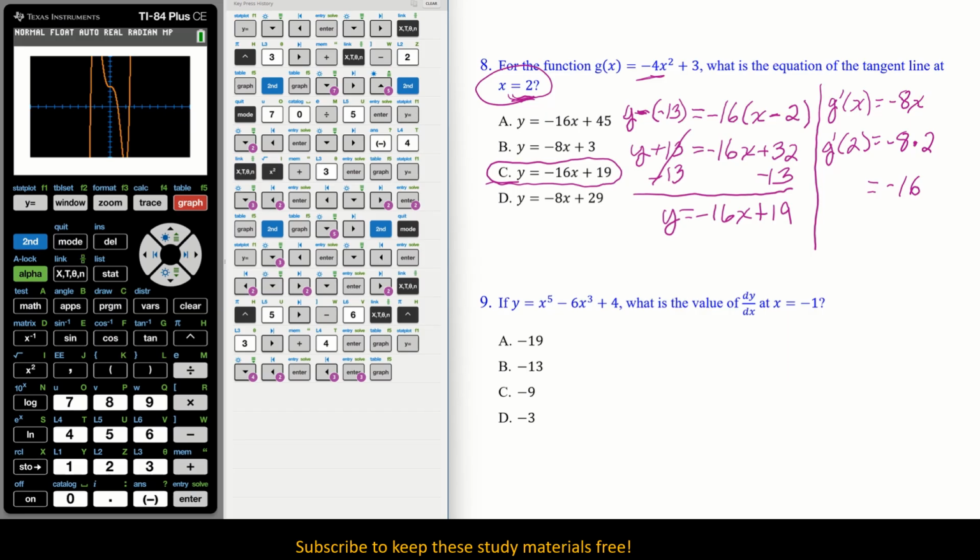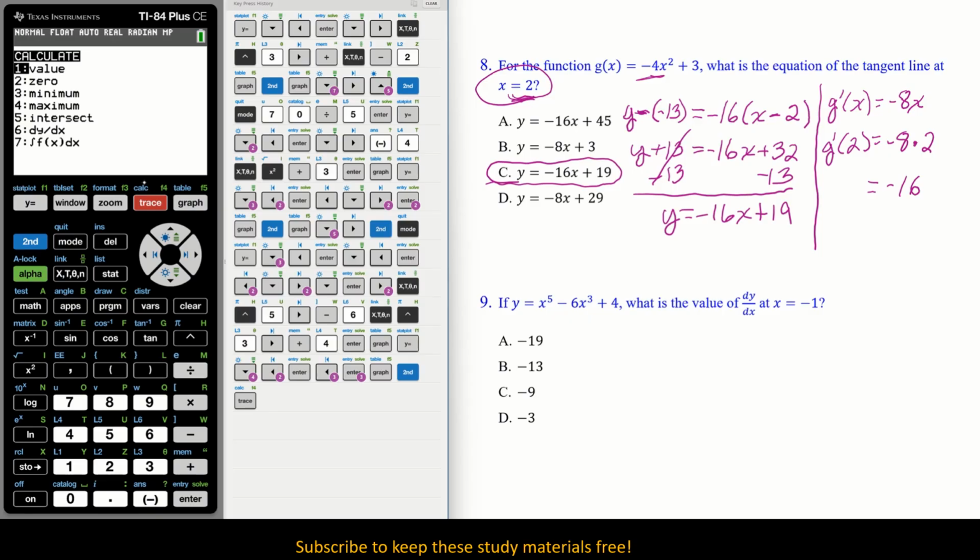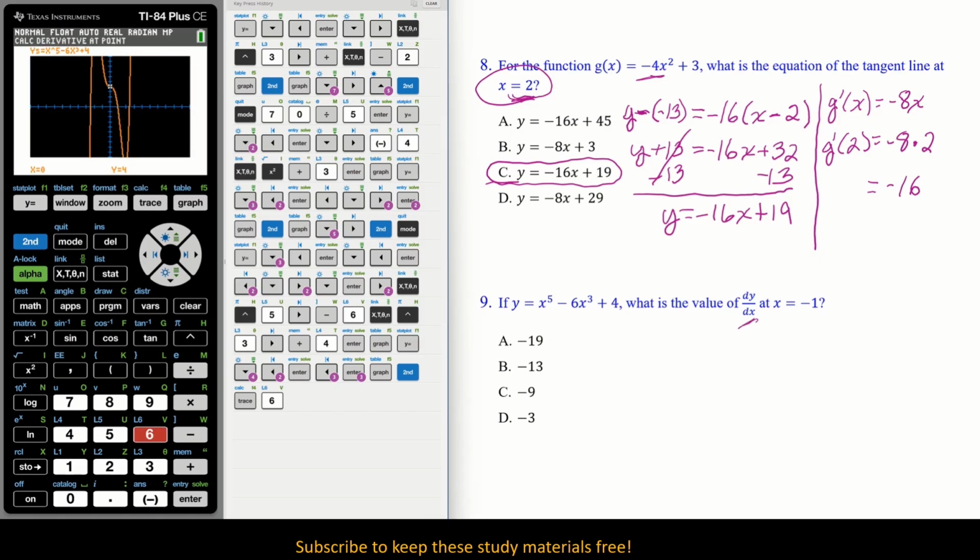Okay, so we have our graph. Now, what do you do? You have to say second trace because we want that blue calc. Now we are talking about derivatives, so we need 6, which they pretty much tell us what to do. So push 6. Okay, now you simply put in -1.